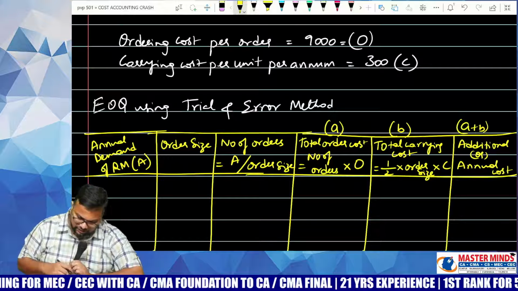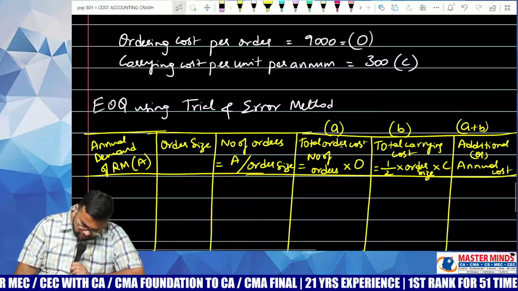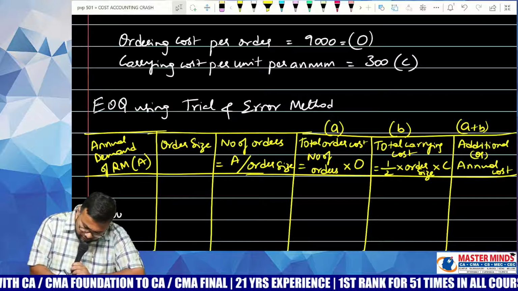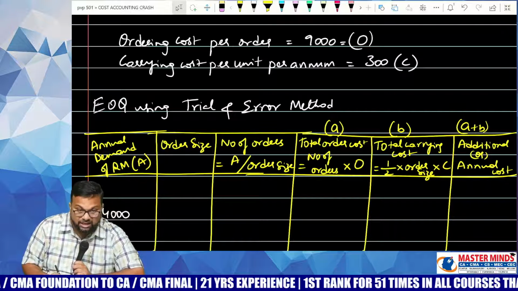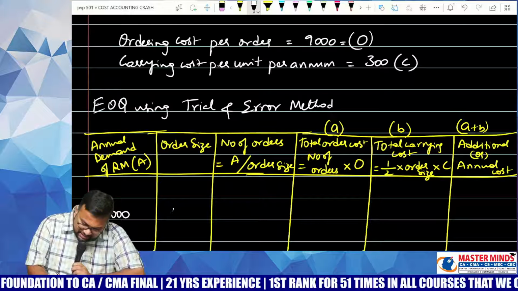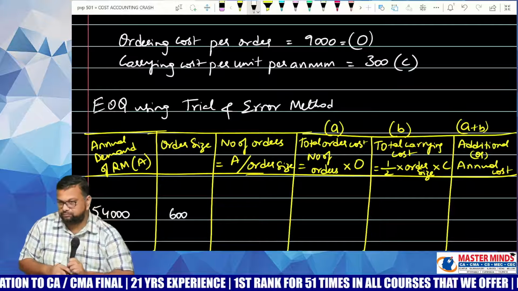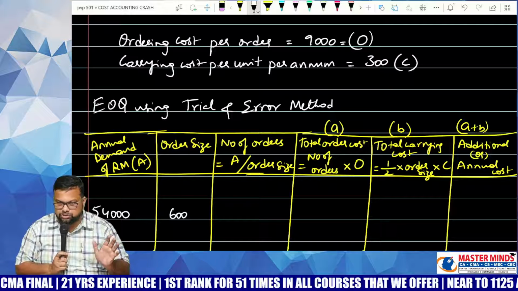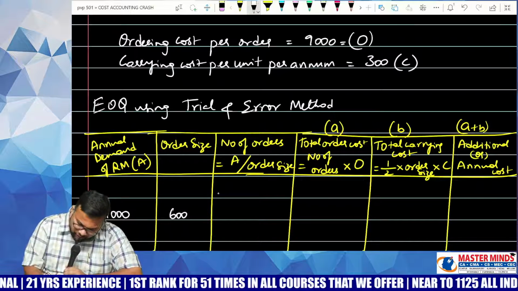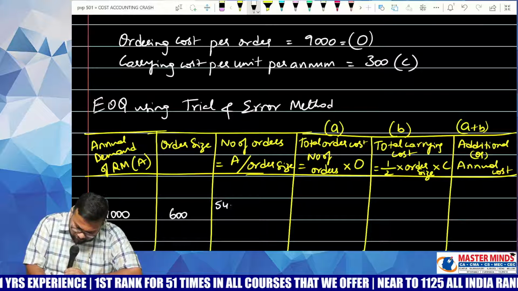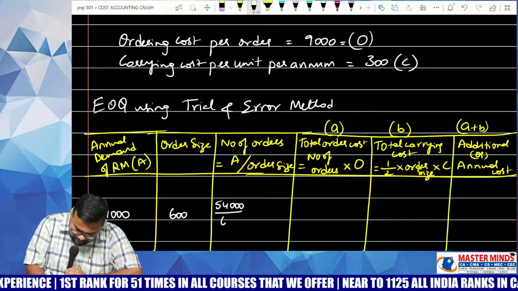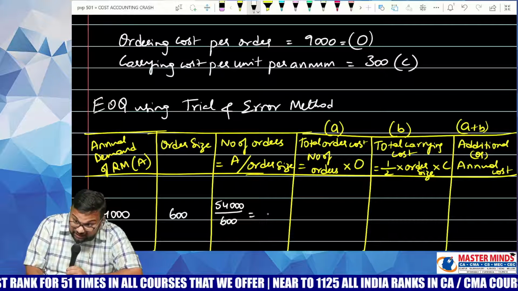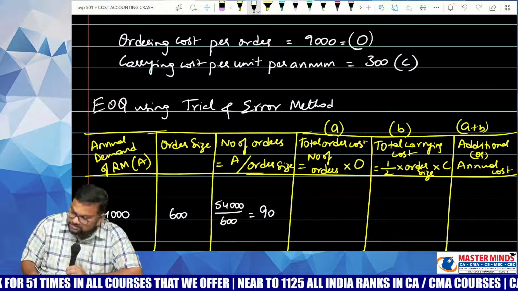What is the annual demand of raw material? It is 54,000 units, right? 54,000 molds. Let us take the order size as 600 molds. That means you will be ordering 600 molds per order. So number of orders will be 54,000 divided by 600, which is 90 orders.